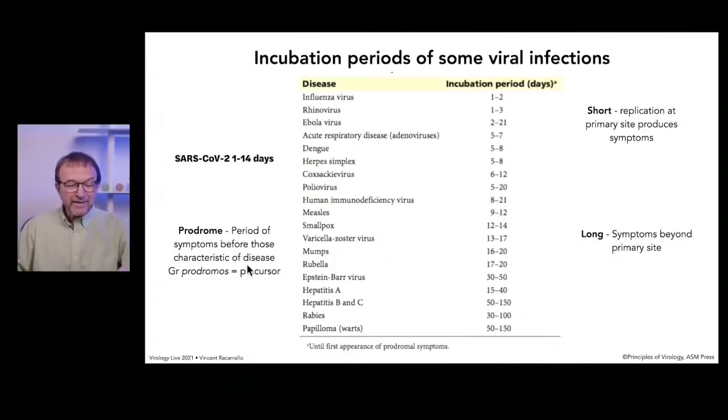Well, characteristic of disease, for example, the rash of measles virus. Before that, you might have fever, malaise, etc. Those are not characteristic of the disease. Those are general symptoms that can be seen with almost any virus infection. So the characteristic symptoms of disease, that is the prodrome. It's a little bit different from incubation period.